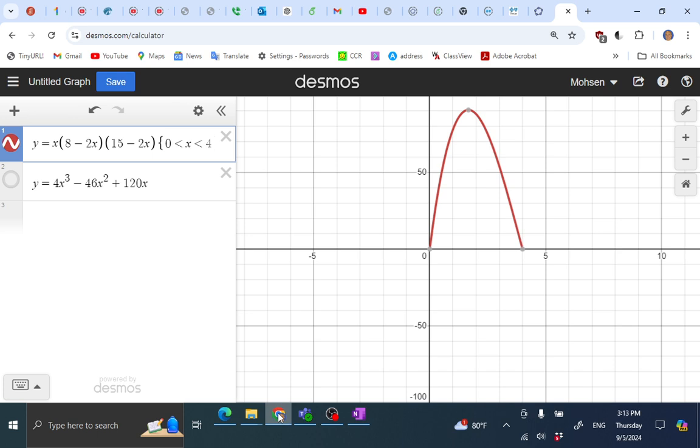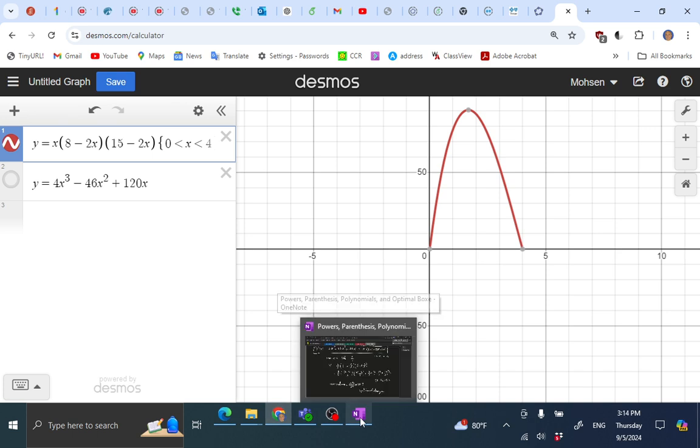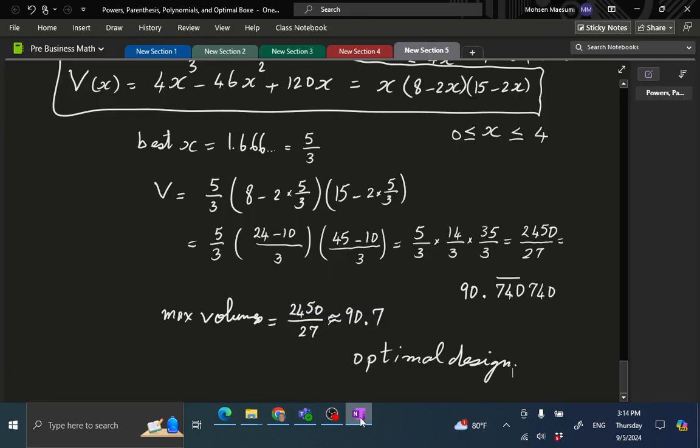Later on in the semester, we are going to have a much more advanced way of doing this: how do you find that maximum point yourself without the use of a graphing calculator? That is going to be the concept of derivatives.